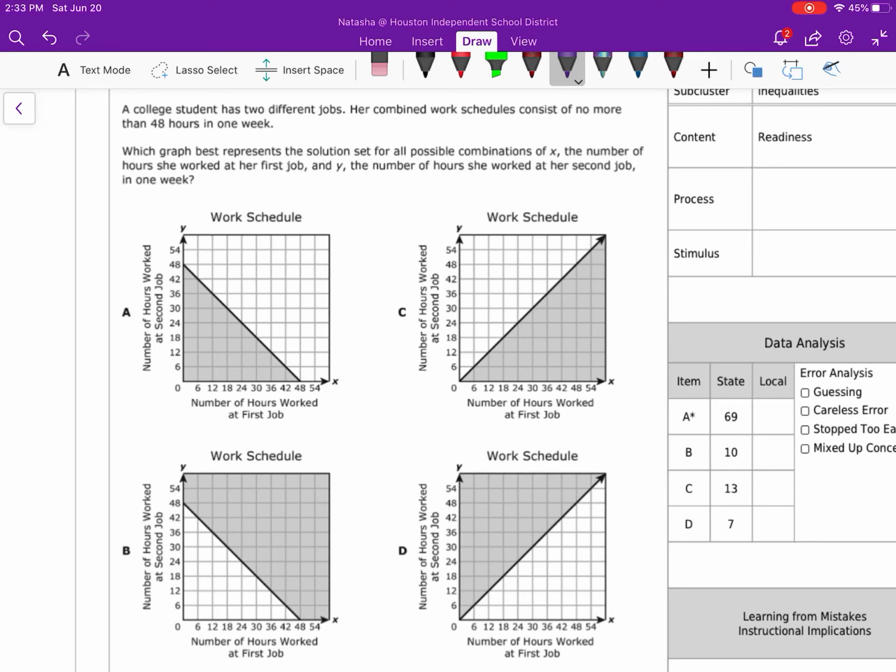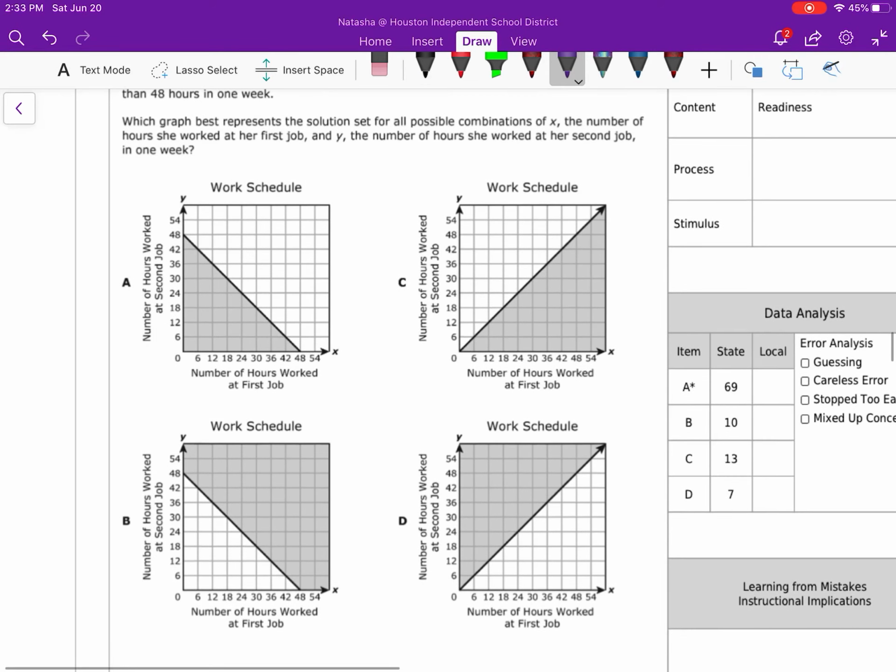Okay, so if we look at A, 0 to 48, that's true. We have 0 to 48 for the Y values, so both of those work. So in either job, she can't work more than 48 hours combined total of both.